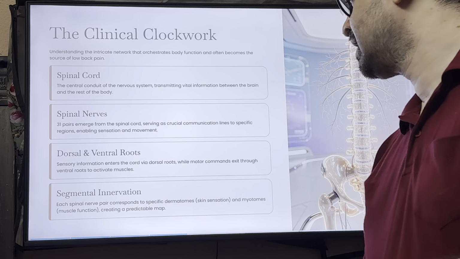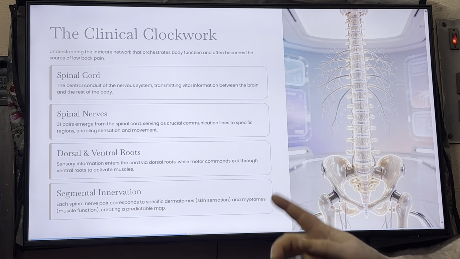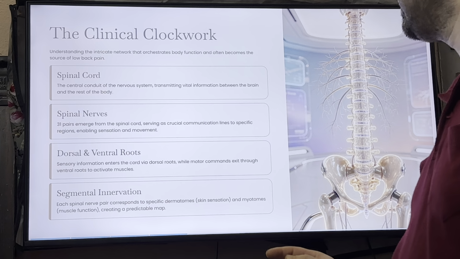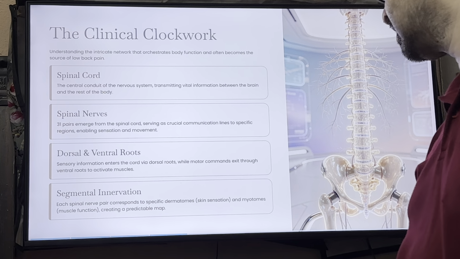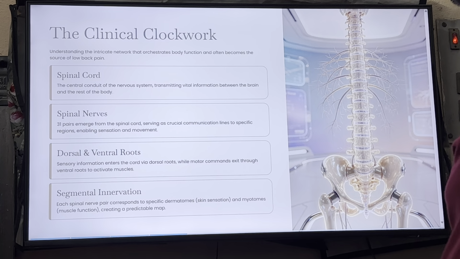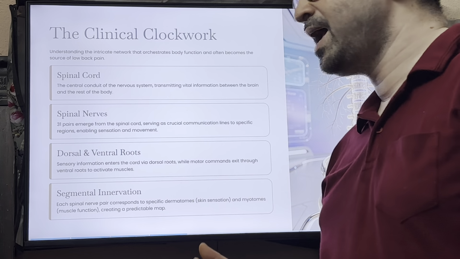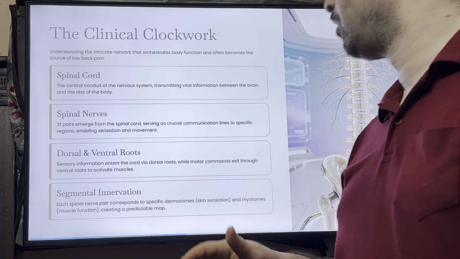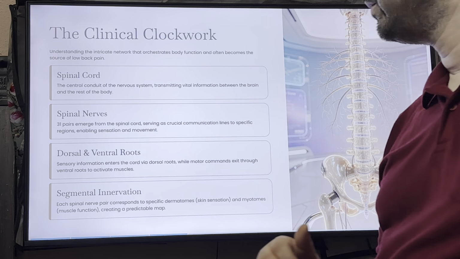Segmental innervation: each spinal nerve pair corresponds to specific dermatomes, skin sensation, and myotomes, muscle function, creating a predictable map of the nervous system to control body function and movement.